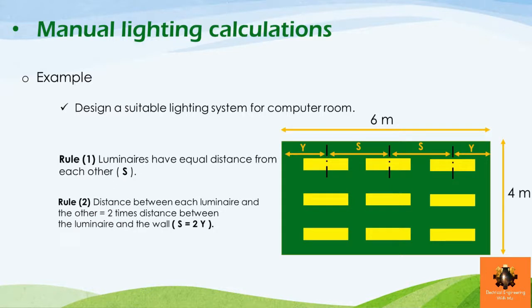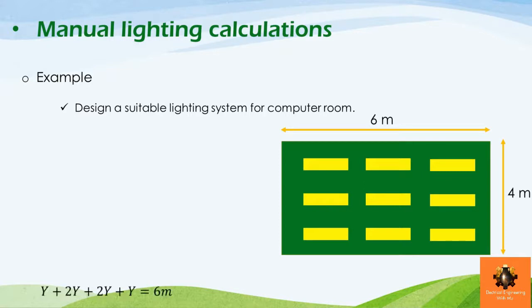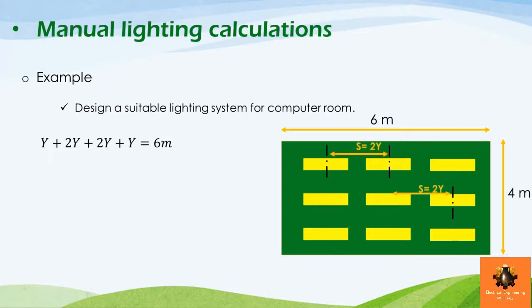So for the room length, we will find that we have 3 luminaires, and the summation of the distances between the luminaires and between the luminaires and the wall will be y plus s plus s plus y. But as s equals 2y, it will be y plus 2y plus 2y plus y, and it equals 6 meters, which is the room length.